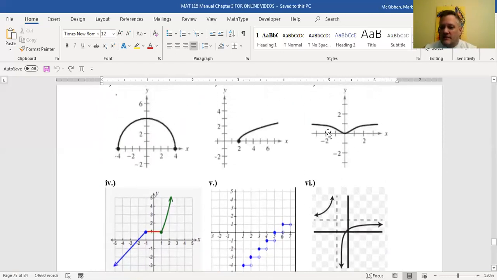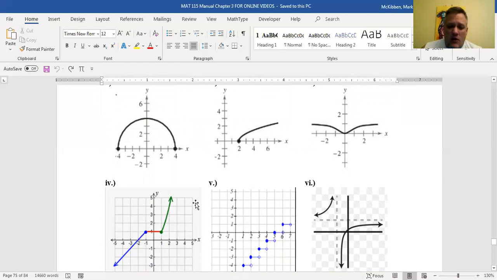This one does not, right? There's a little parabola part down in here where it wouldn't pass that horizontal line test. So that is not one-to-one. These two here, if you think about it, are not one-to-one either because they each contain horizontal segments. So not only does the horizontal line hit the graph in more than one spot, there are horizontal lines that hit both these graphs in infinitely many points.